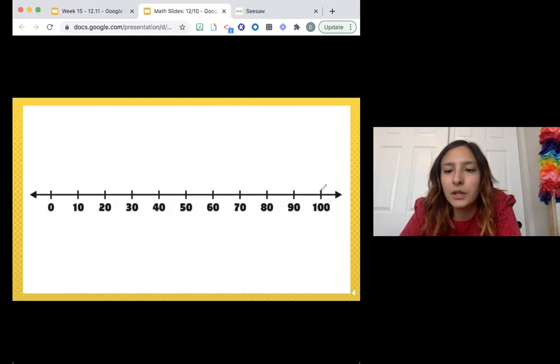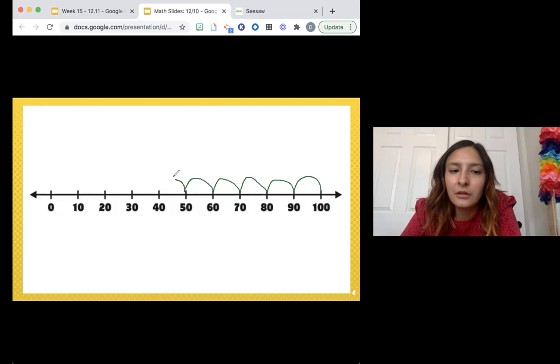Starting at 100, counting by tens. 100, 90, 80, 70, 60, 50, 40, 30, 20, 10, and 0. Awesome job.